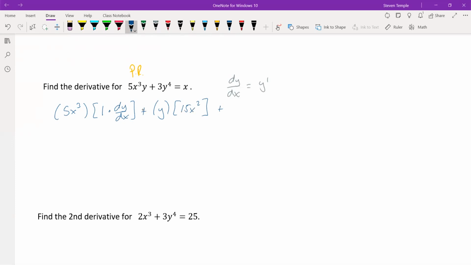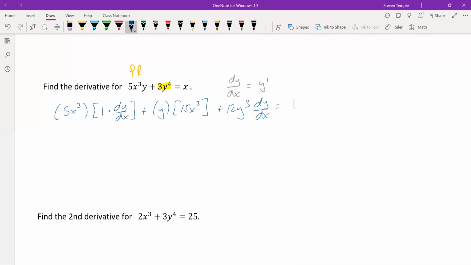To continue on, the derivative of the 3y to the fourth would be 12y cubed y prime, or dy/dx, equals, the other side is a 1.